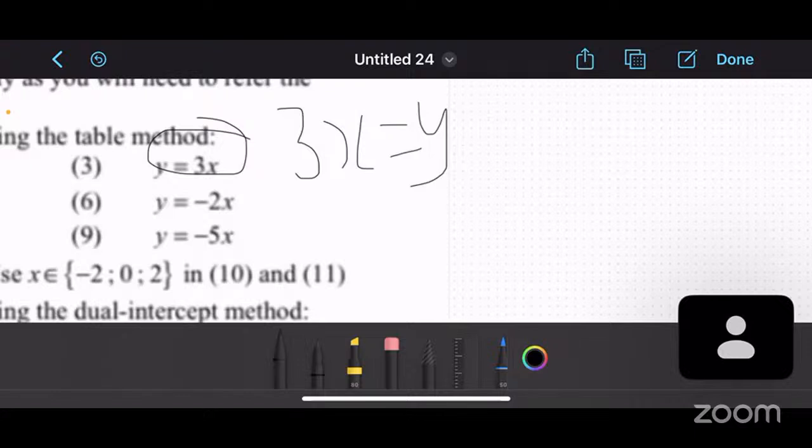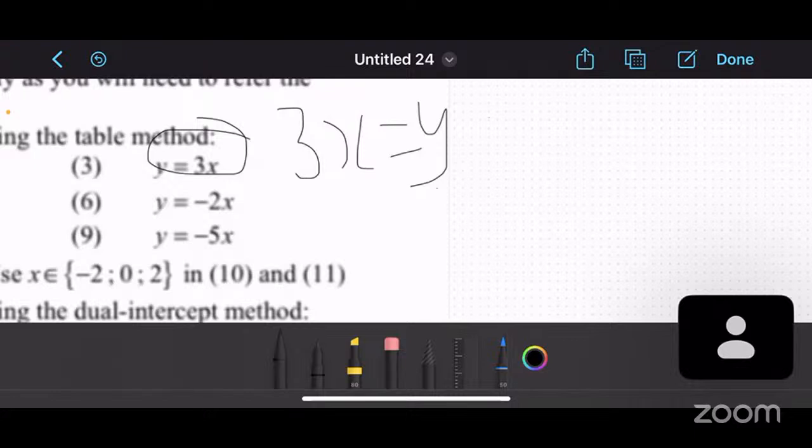So I was telling your mates here about the table method. Remember, Manahil? The table method simply states itself that it's a table. So that means you have to draw a table. So what you're going to do now is draw a table and have x and y, right?